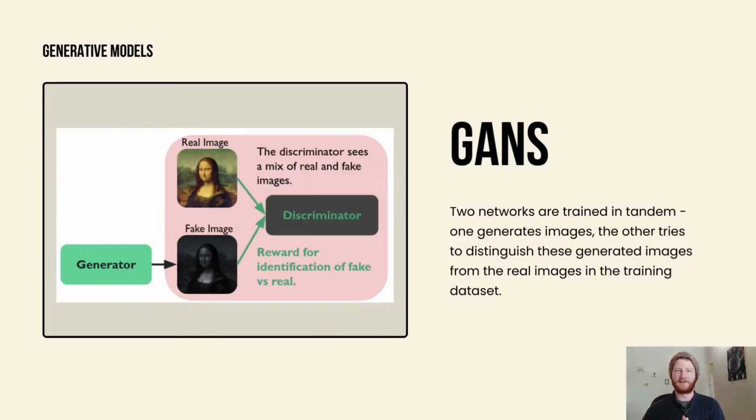Still, we'd like to take it further. So the next architecture is something called a generative adversarial network. This is actually two networks working in tandem. The generator is going to be producing outputs similar to the decoder side of the autoencoder, given random inputs Z. And then the discriminator is going to be fed both these generated images and some real images from our training data, and it's going to try and distinguish the two.